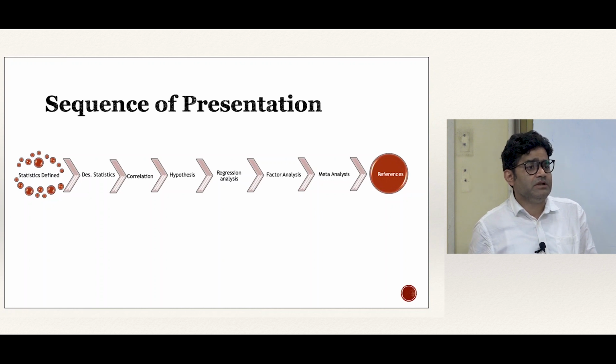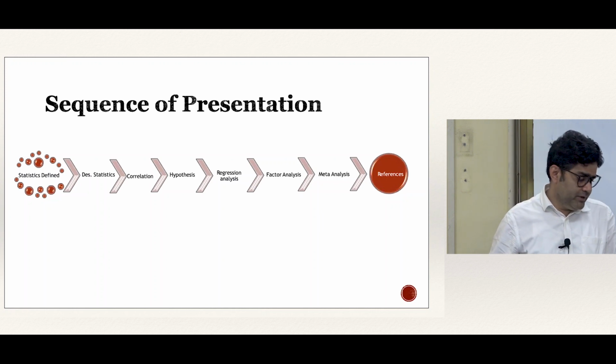Now we would be finding a lot of definitions of statistics, so I would be trying to tell you the things from a layman perspective. Statistics, as I have told you, is evolved from mathematics.